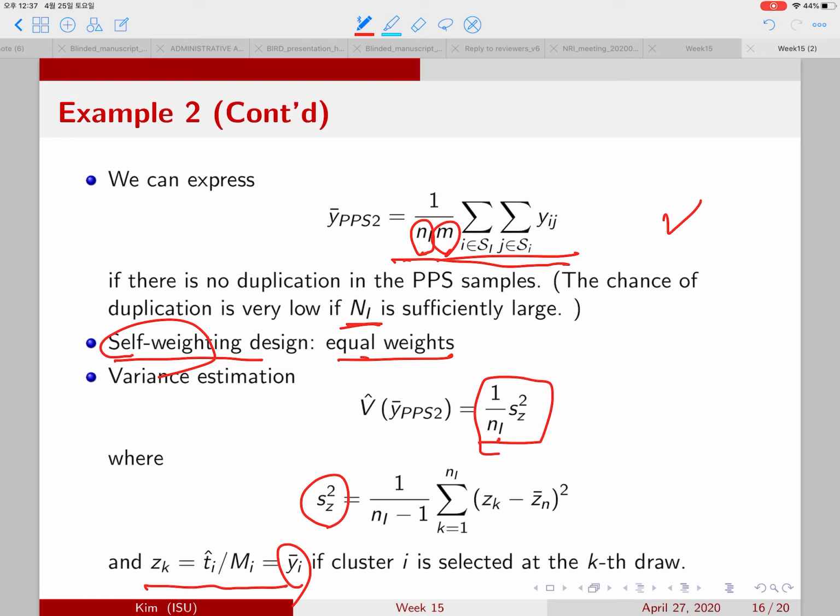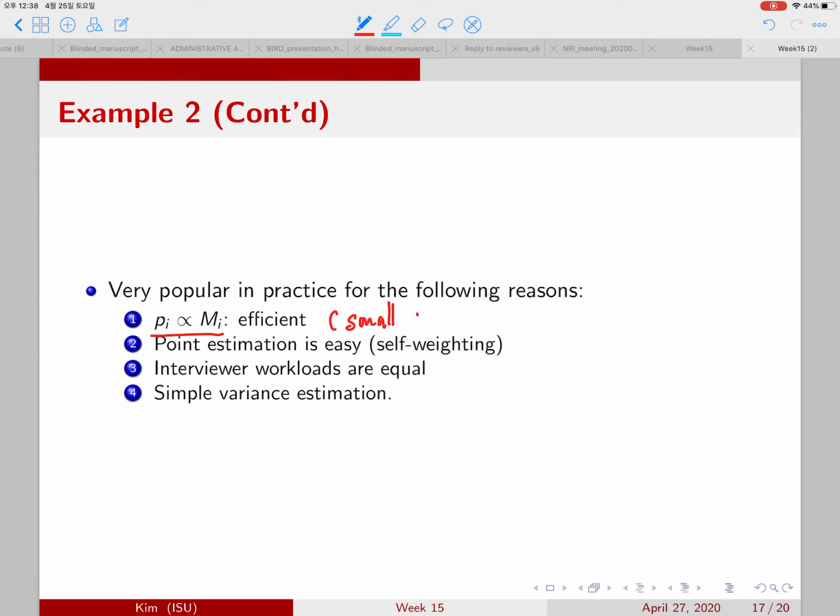This sampling design is very popular in practice for several reasons. First, the use of pi proportional to m_i makes the resulting estimator efficient, that means a small variance. And the point estimation is easy to compute as the weights are all equal.